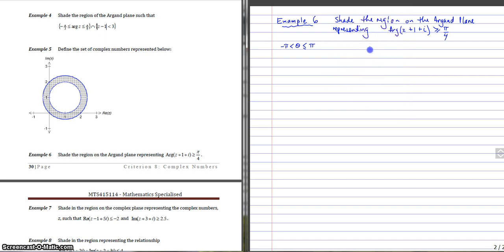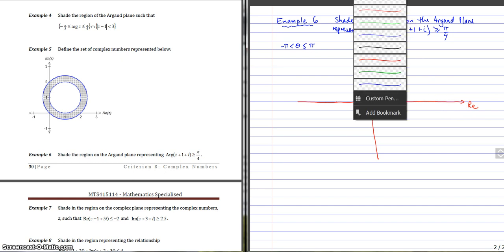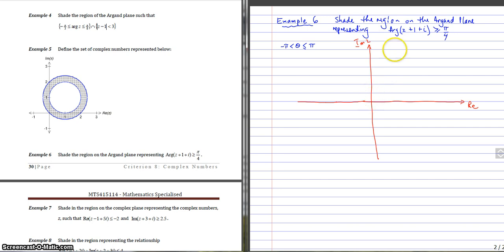We'll get our Argand plane, so our imaginary axis and our real axis, and we know that its position, or at least if we just do a little quick sketch from the origin, just ignoring our translation, pi on 4 goes off at 45 degrees.